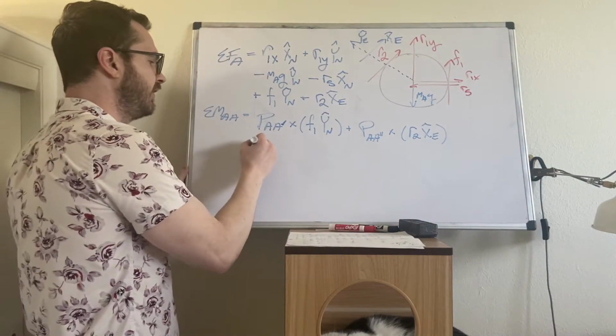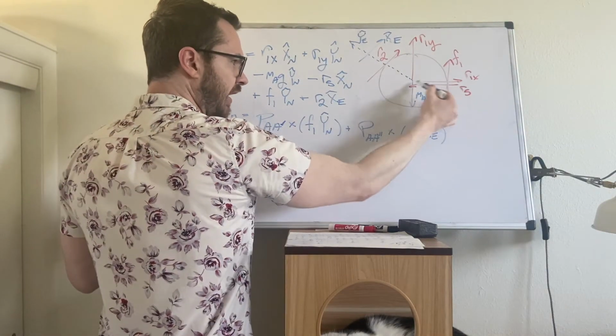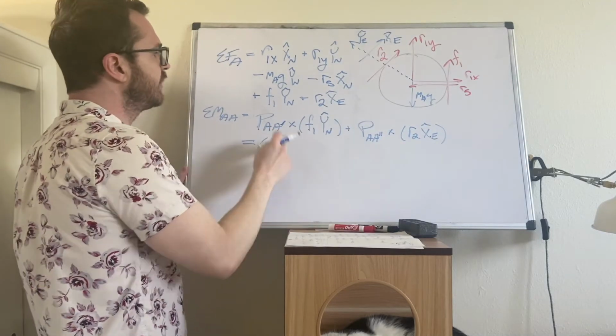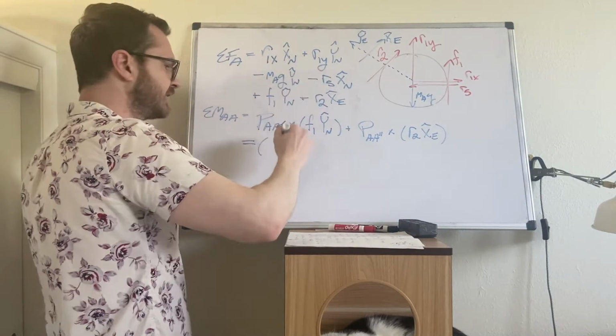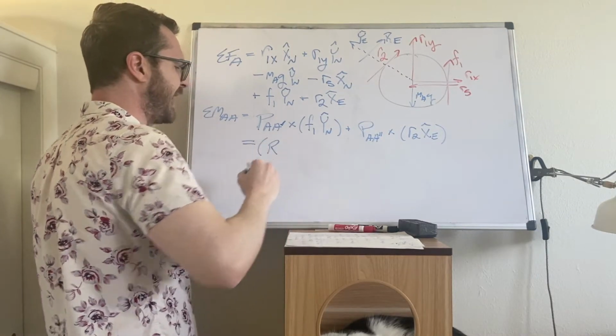So what are these position vectors? Well, from A to A double prime, this is the radius of A in the X hat N direction. And since we're using R's for all of these reactions, I'm going to write these radii as capital.